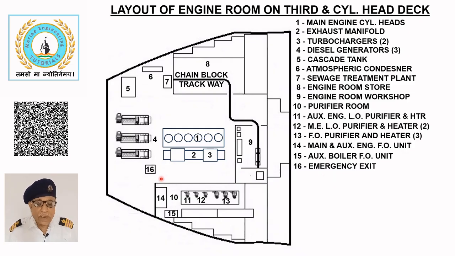The emergency exit 16 provides access to an emergency escape route from all decks leading to steering gear room. It is used in abnormal situations such as fire. The emergency exit and escape path should always remain clear of the obstructions.